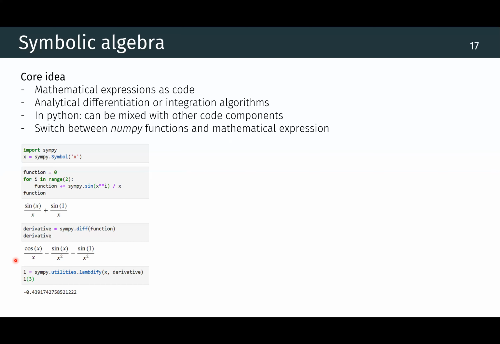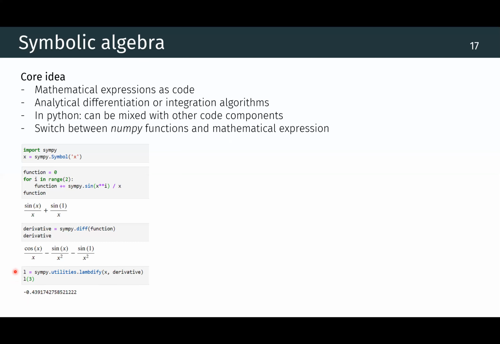You not only have the mathematical representation, you can also transform it with this function called lambdify. It's hard to explain why it's called lambdify, but bear with me. This function, or this variable over here, this way, becomes a callable function. So similar to what we had with the C-spline and the B-spline earlier, you can just give it the value, and it's going to evaluate that value at that point.